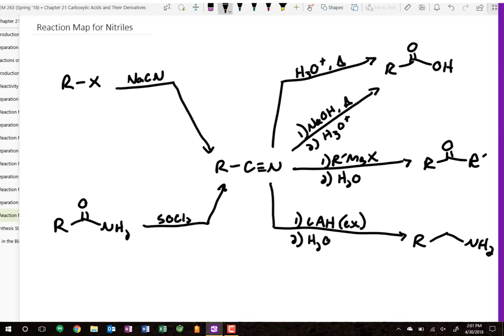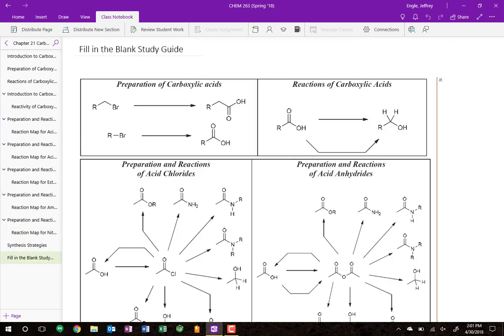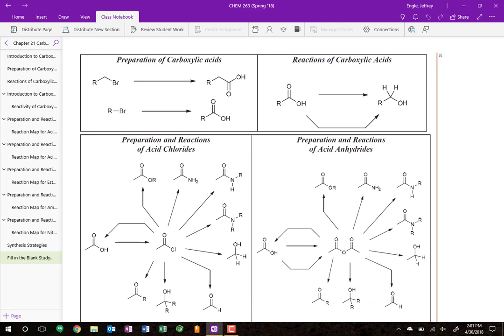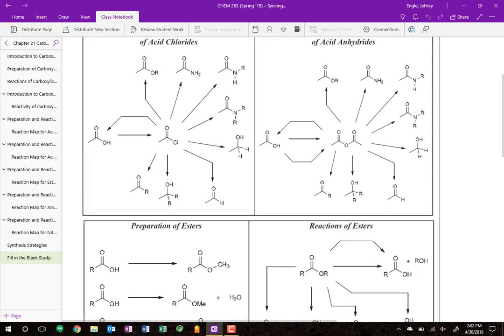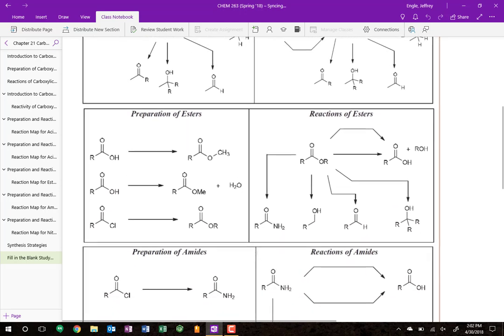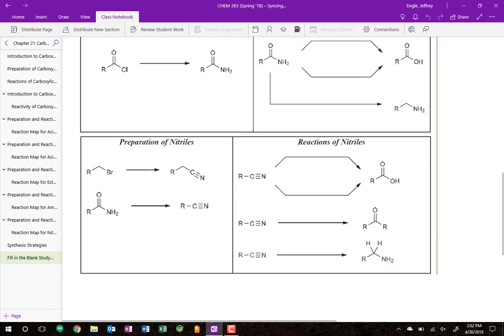What you can do, and I like to encourage students to do, is to print off a fill-in-the-blank study guide style worksheet. So for example, this one I've got preparation of carboxylic acids, reactions of carboxylic acids, same with chlorides, anhydrides, esters, amides, nitriles, and so on.